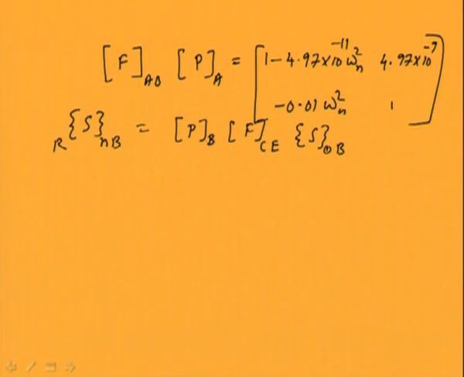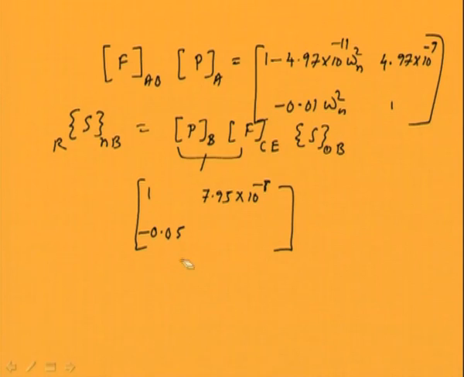If we substitute the values, we will get here 0, 0, and here -3.7 10^-10 omega_n^2 plus 1.